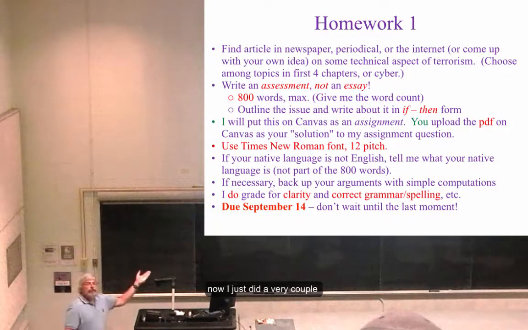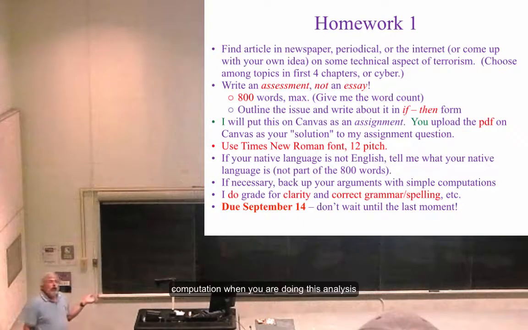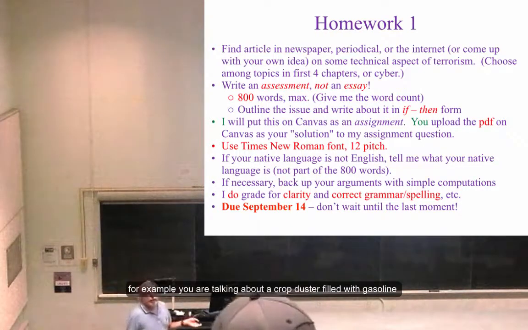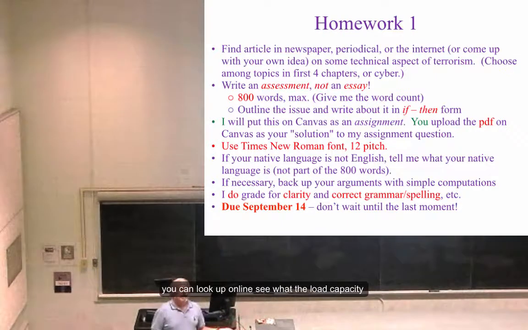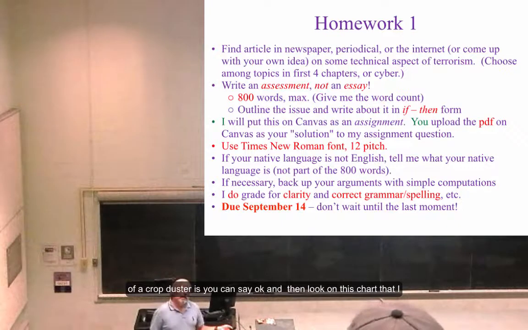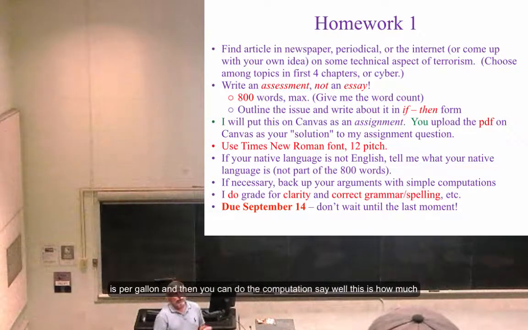Now, I just did a couple really simple computations in here. You can make similar computations when you're doing this analysis. If, for example, you're talking about a crop duster filled with gasoline, you can look up online to see what the load capacity of a crop duster is. And then look on this chart that I gave you, or look online, for the energy content of gasoline per gallon.